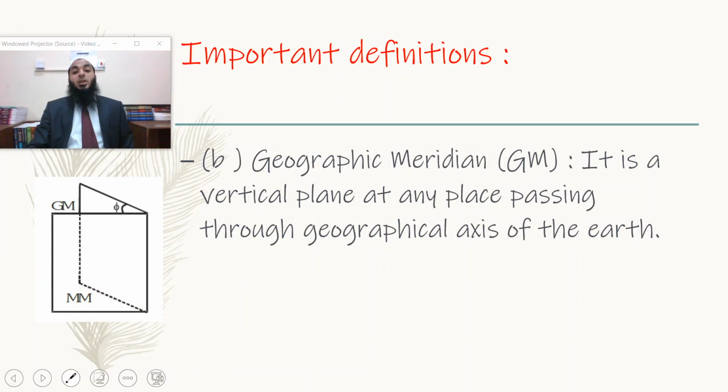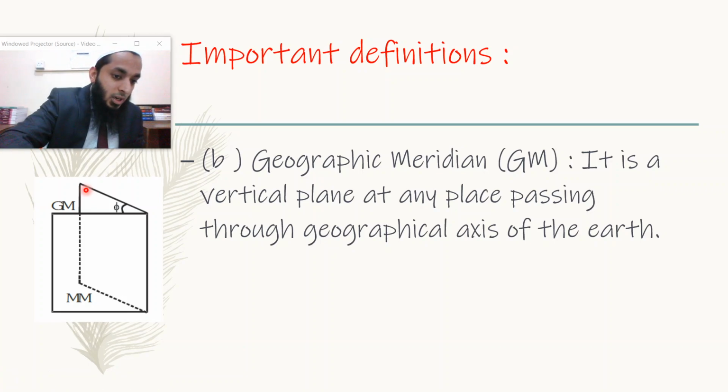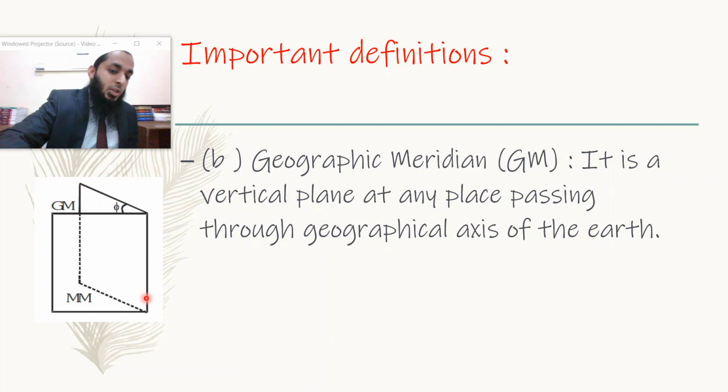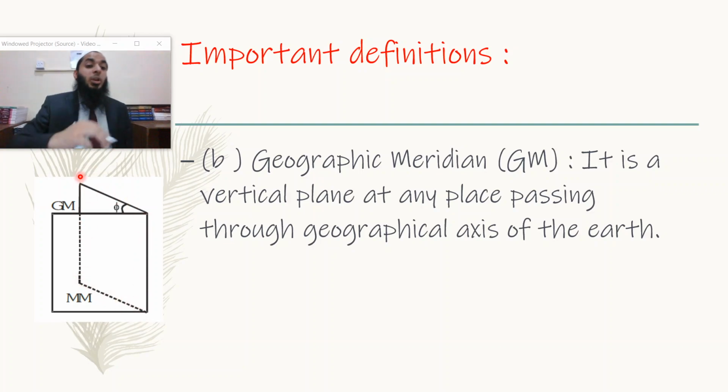Now let's proceed to the next slide. Geographic meridian. This was not mentioned in the previous slides. What is geographic meridian? Geographic meridian is a vertical plane. As you can see here, there are two planes. One of them is the geographic meridian, this plane that you see in this figure.